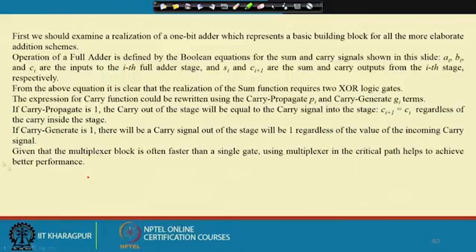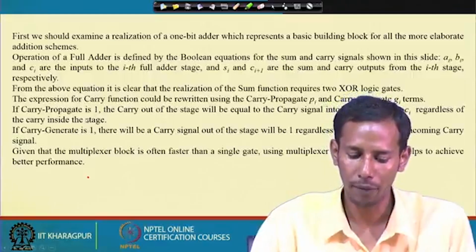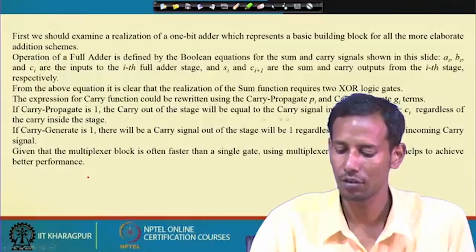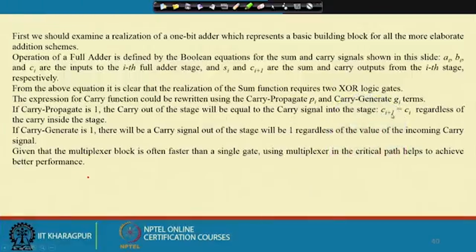The expression for the carry function can be rewritten using the carry propagate Pi and carry generate Gi terms. If carry propagate is 1, the carry out of the stage will be equal to the carry signal into the stage, Ci plus 1.